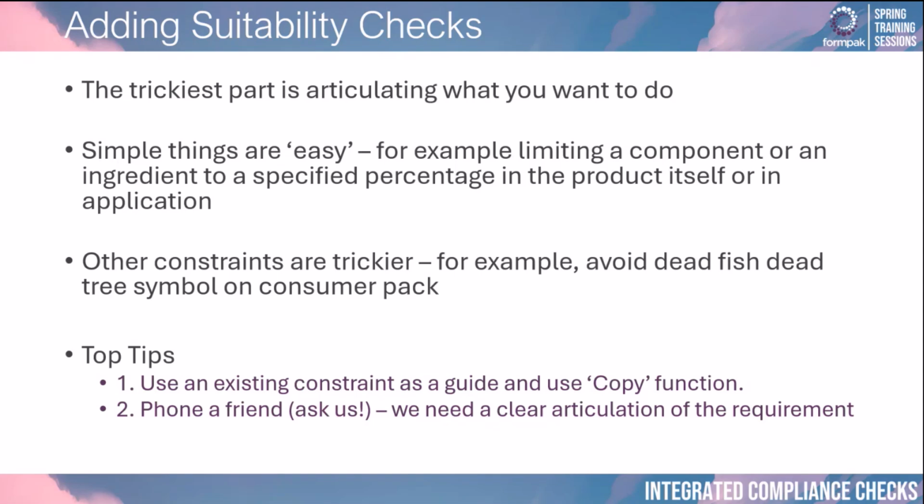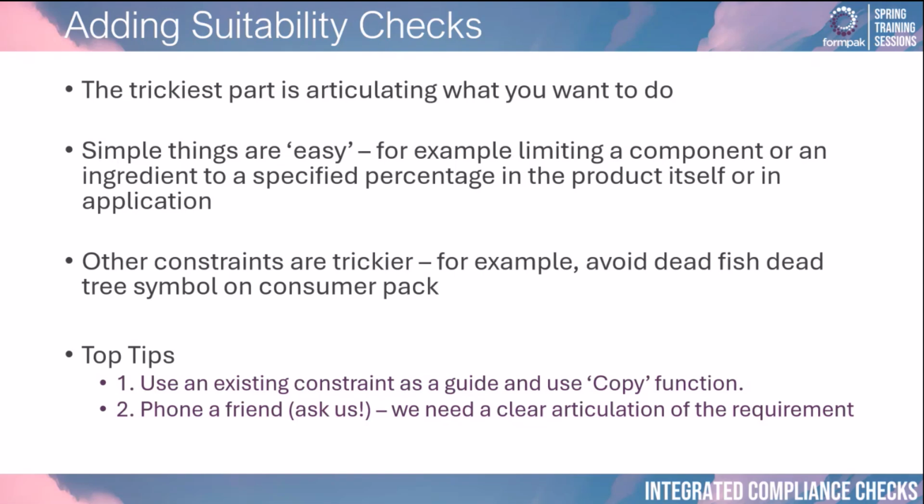We're happy to help. We do need a clear articulation of the requirement, and that's not as easy as it sounds. And we understand that because sometimes customers will describe what they want to achieve, and you understand the individual words, and as a sentence, it makes sense.